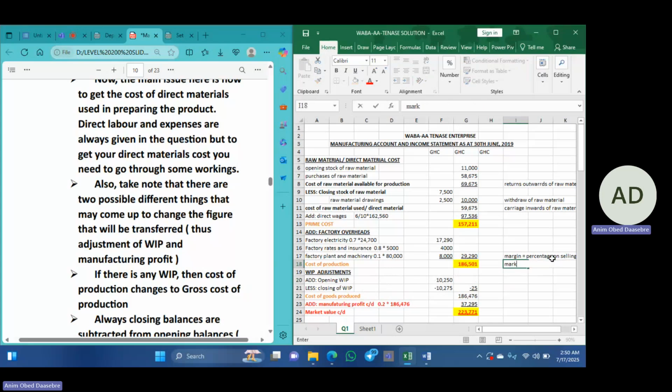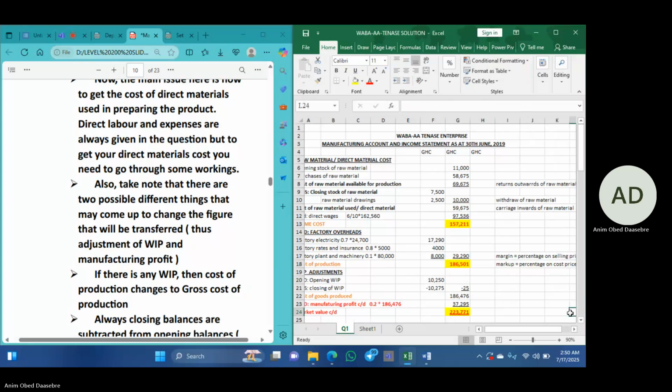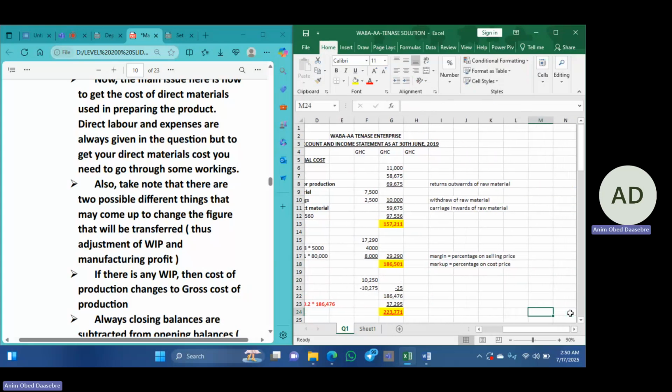when you see markup, it is a percentage on cost price. So markup is a percentage on cost price, and margin is a percentage on selling price.